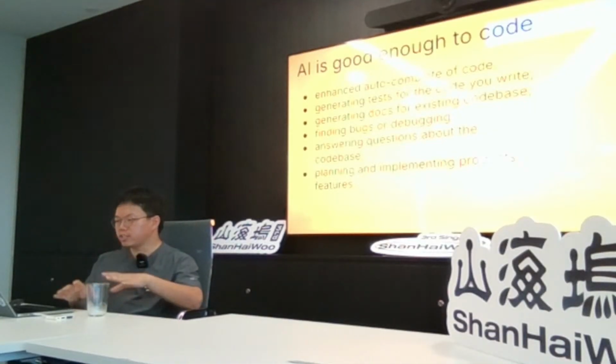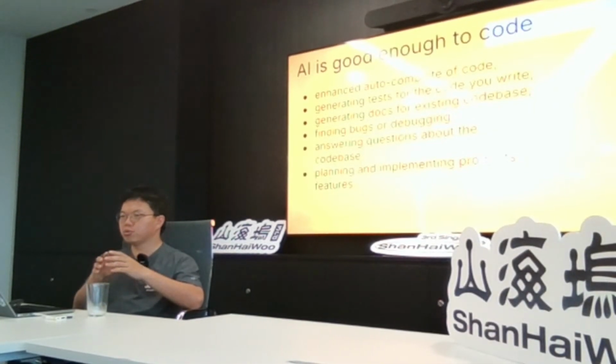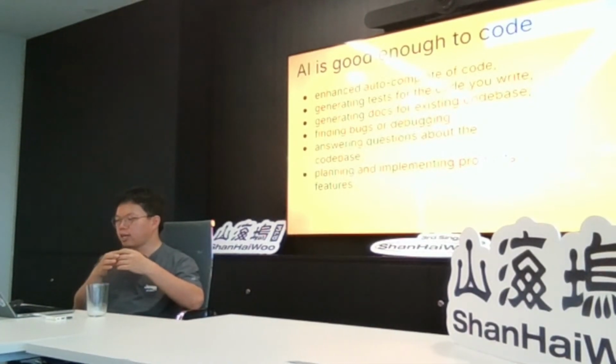With all this combined, AI can be used to plan the features of the product and make the architecture plan and implementation roadmap, and then it can start implementing the application features all the way.